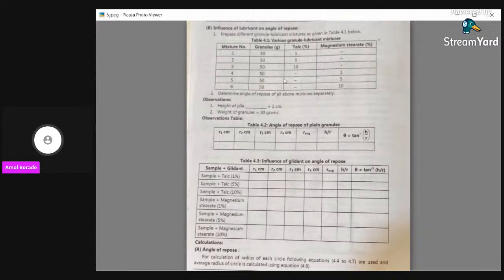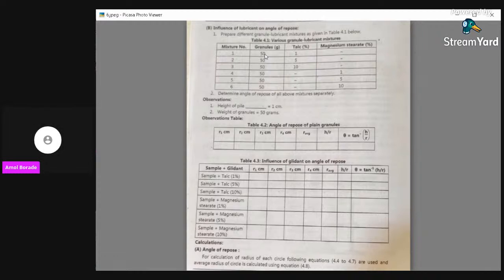First of all, we will enlist that. We have taken the powder, or you can say the granules. Here it has been mentioned that they have taken 50 gram granules each time, and they have repeated the procedure 6 times.